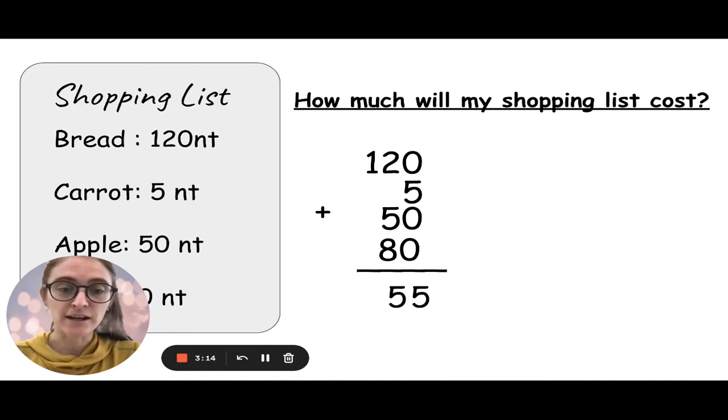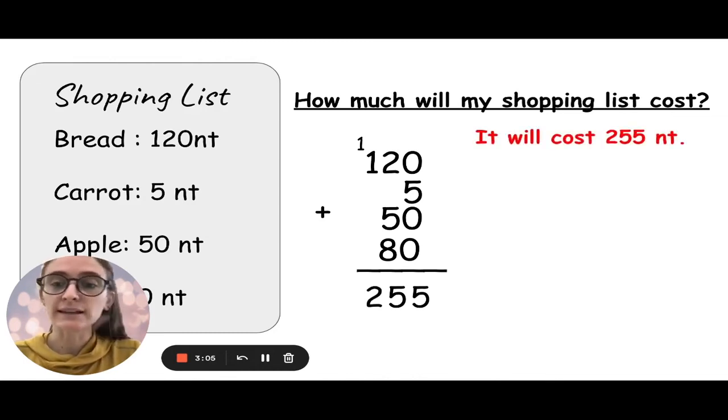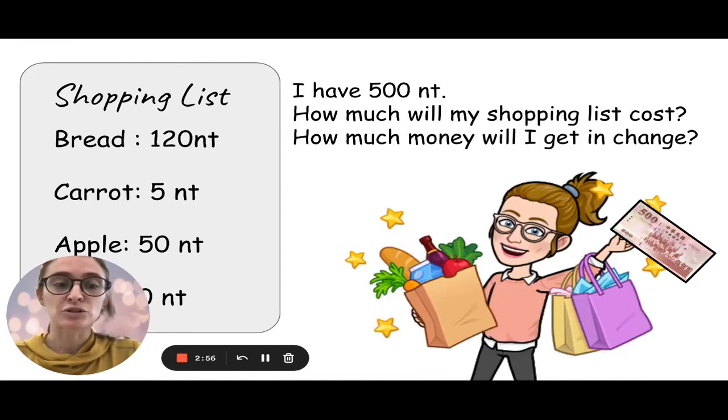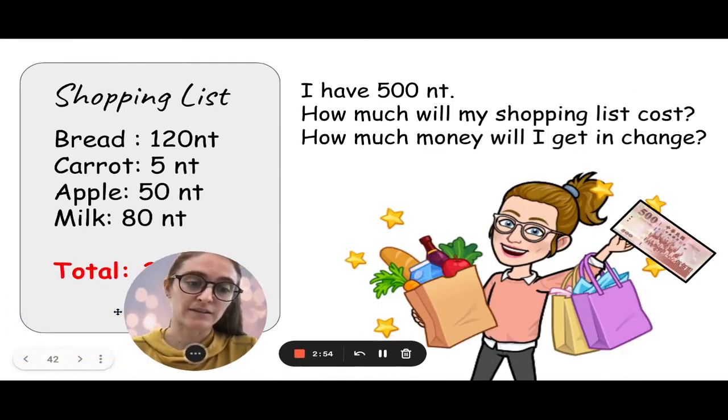I put a 5 here, and I carry over the 1 to the hundreds. And then that's 2. 1 plus 1 is 2. So my whole shopping list will cost 255 NT. The bread, the carrot, the apple, and the milk all together becomes 255 here.